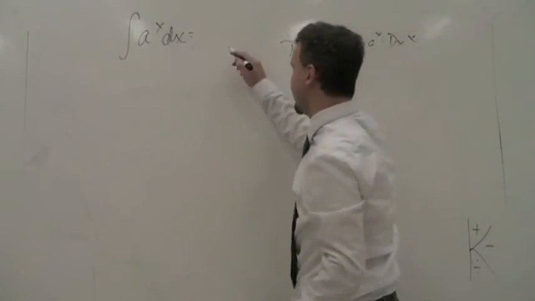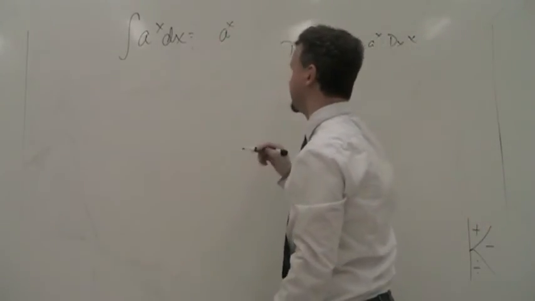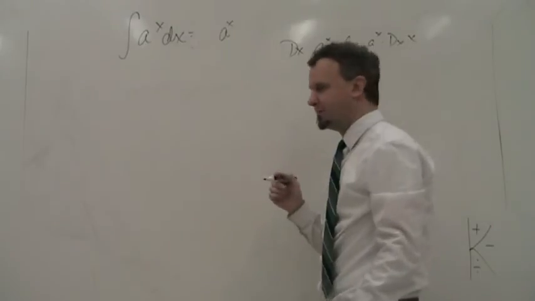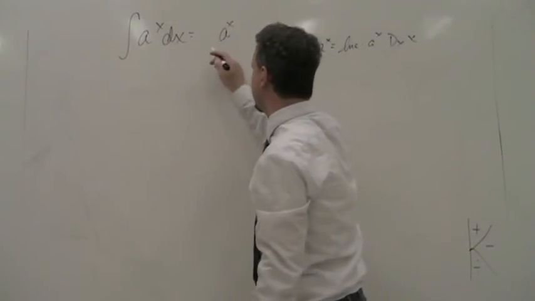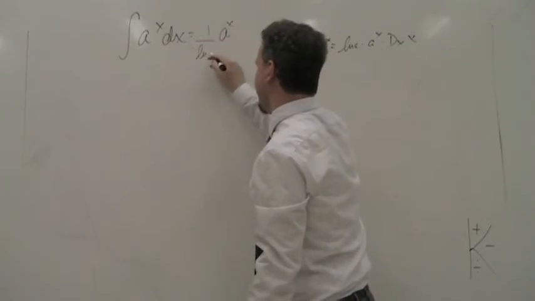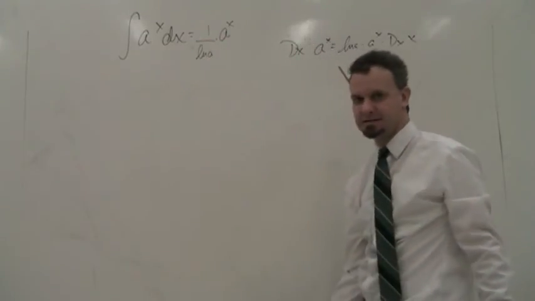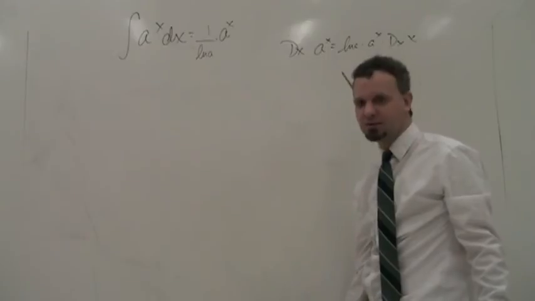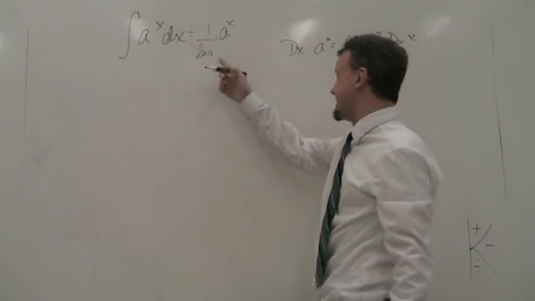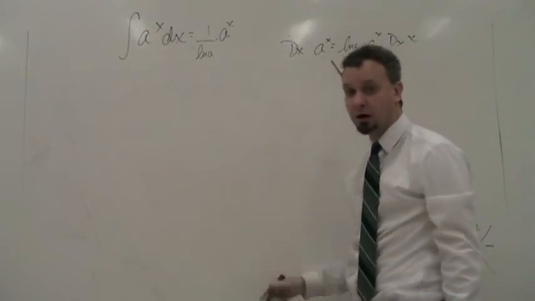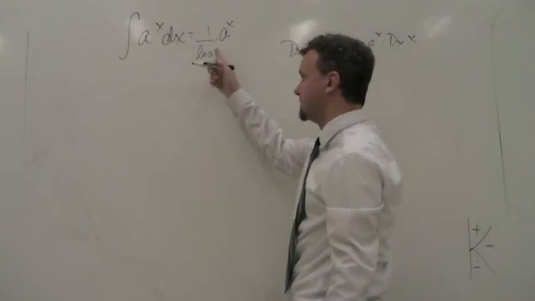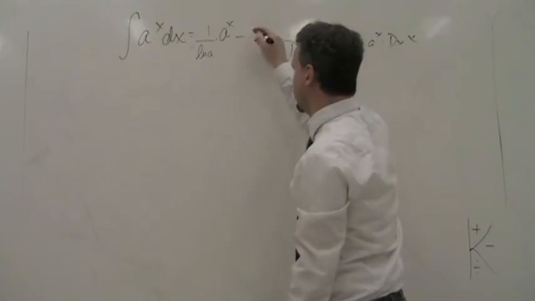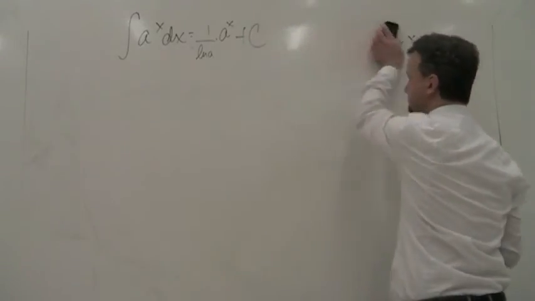It certainly involves an a to the x. However, rather than being ln a times a to the x, the integral is 1 over ln a times a to the x. Which should make sense, because you would need this 1 over ln a to cancel the ln a that's here to get back to where you started. If you derived this, you should get that. And you need a plus c on there.